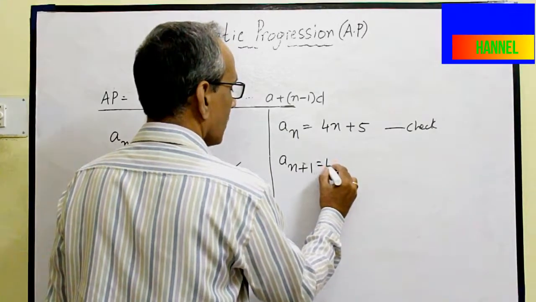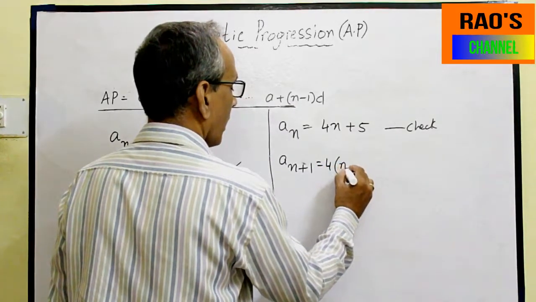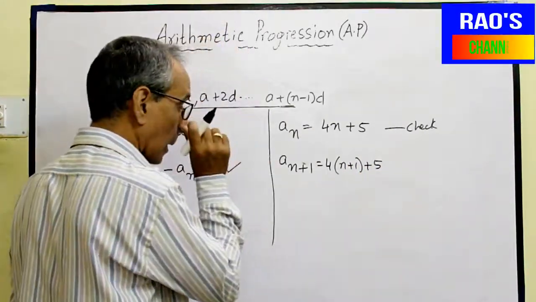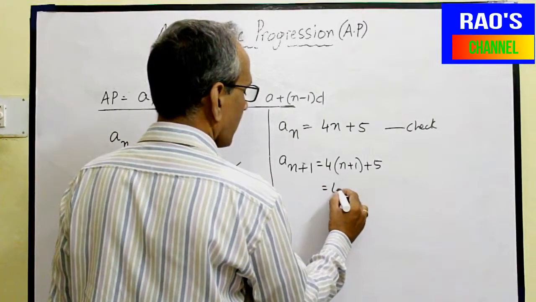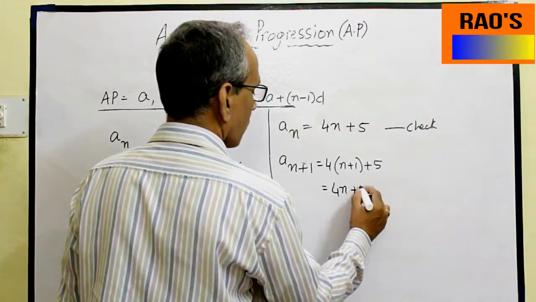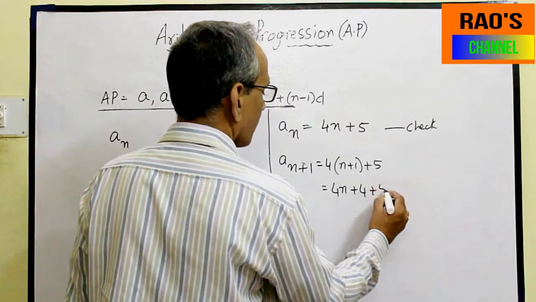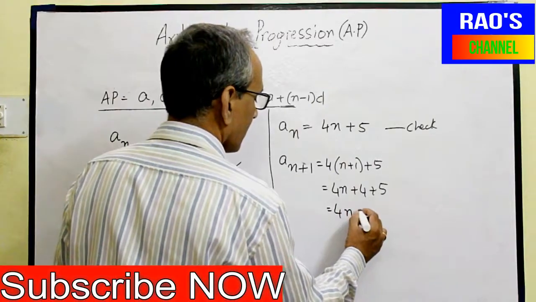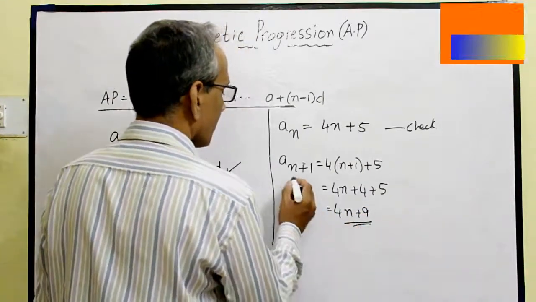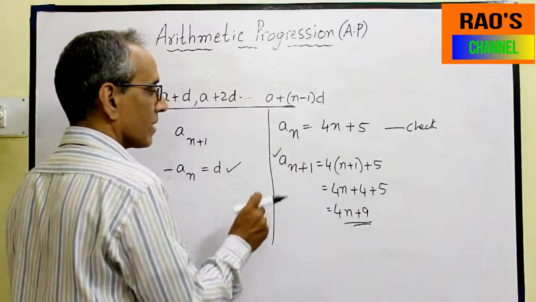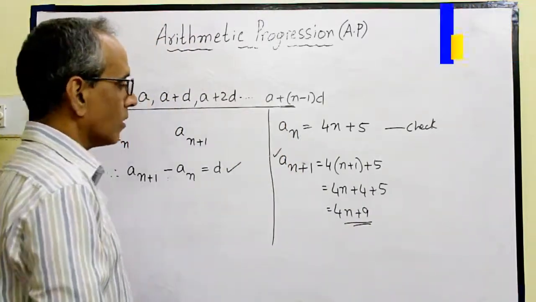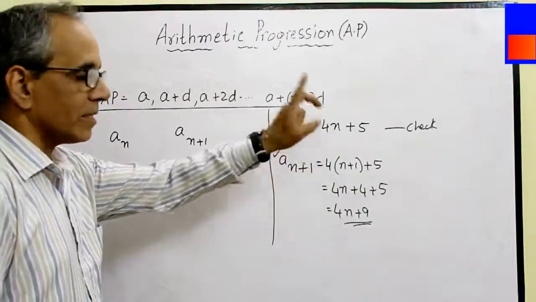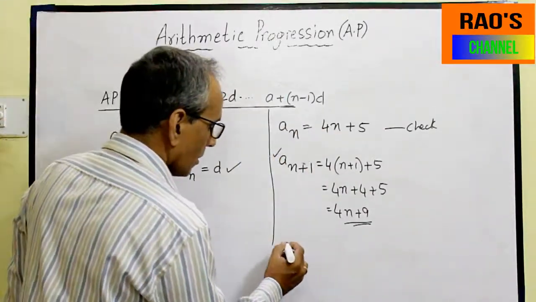So this is 4 of (n plus 1) plus 5. Okay, it is equal to 4n plus 4 plus 5. That is 4n plus 9. This is an plus 1, the successive term of an. So by the rule, if I subtract these two, if I get a constant term D, we say it is the term of an AP. Let's see.